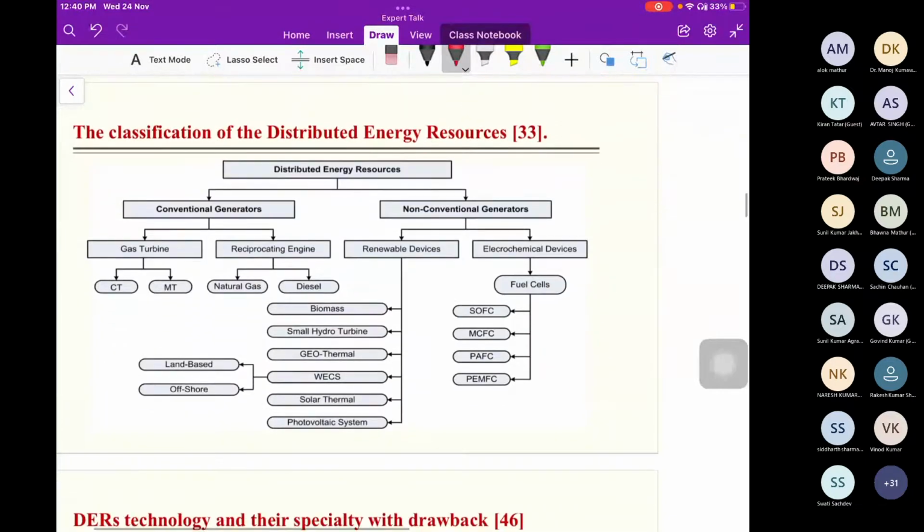This technology is classified as non-conventional generation, the green technology. But small conventional units are also distributed energy resources.